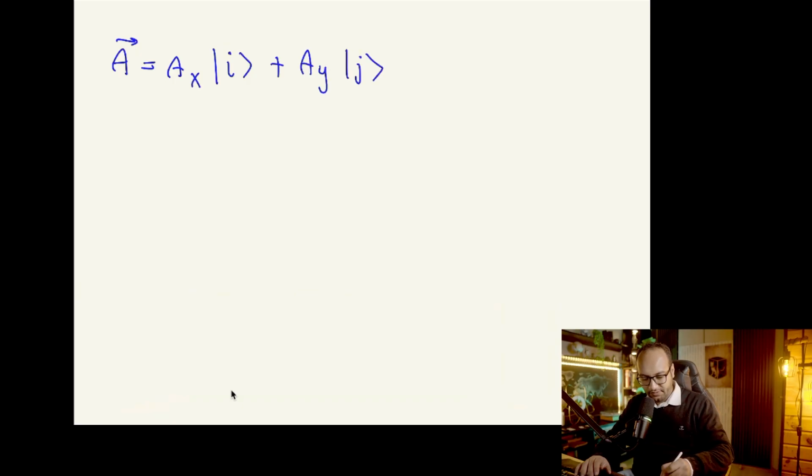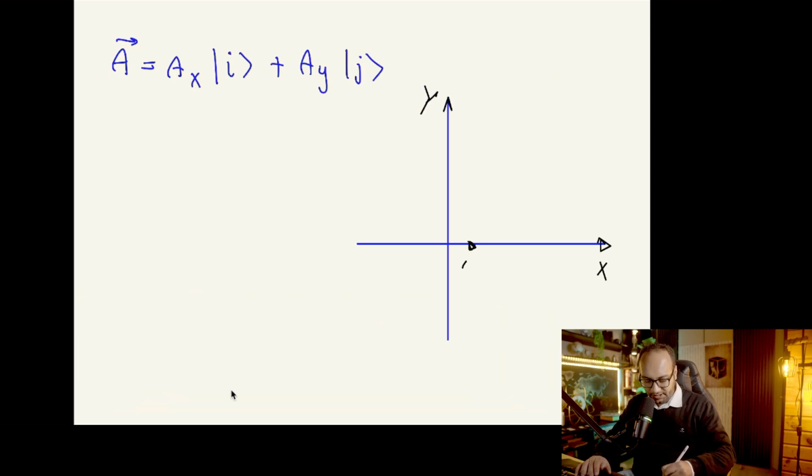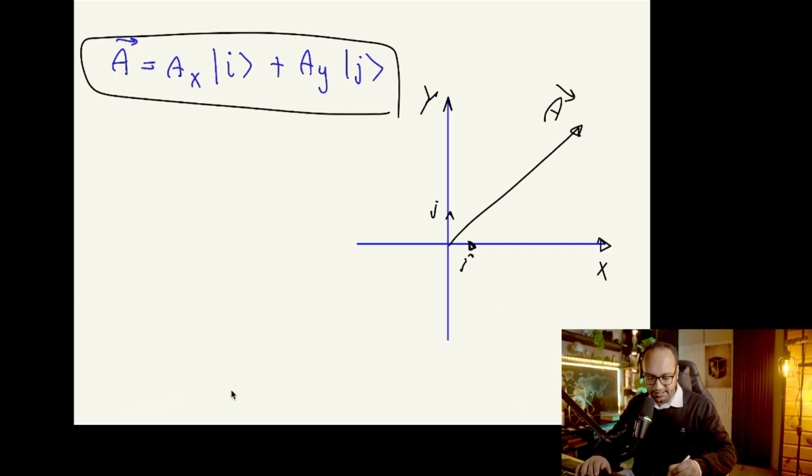So if we have a vector A, that vector has two coefficients. It can be ax i plus ay j. How does this come? If we have this two-dimensional space, we have x, y, then here we have the i, and here the j, and this is our vector A. So we can express it in this notation.